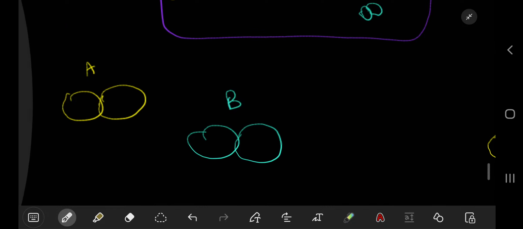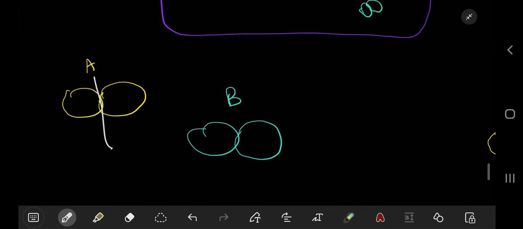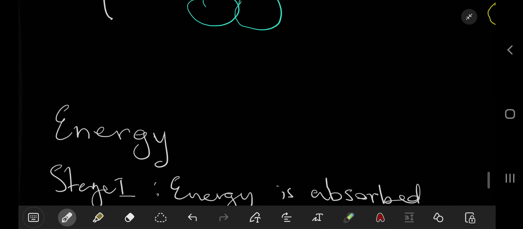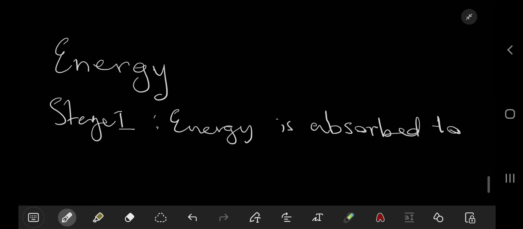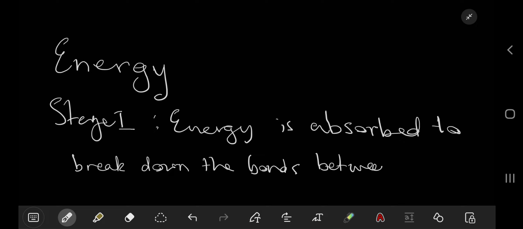Stage 1: energy is absorbed. But why is that energy absorbed? That energy is absorbed to actually separate these two atoms. So energy is absorbed to break down the bonds between molecules.